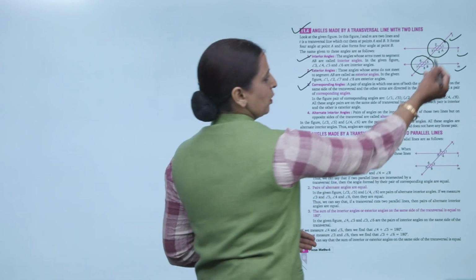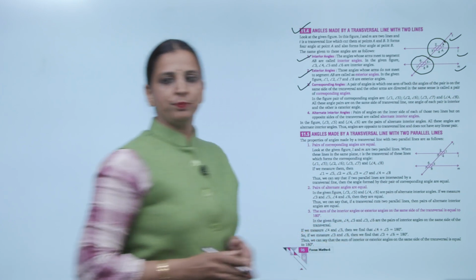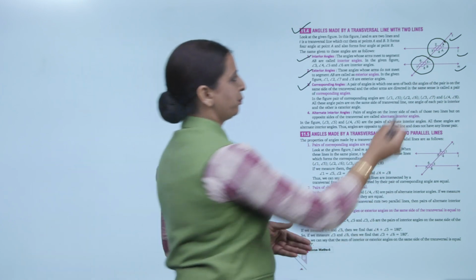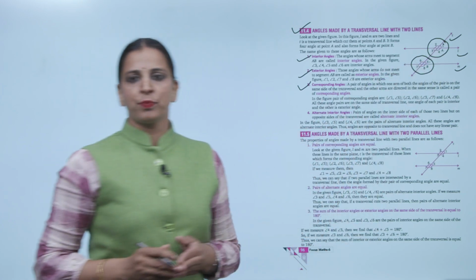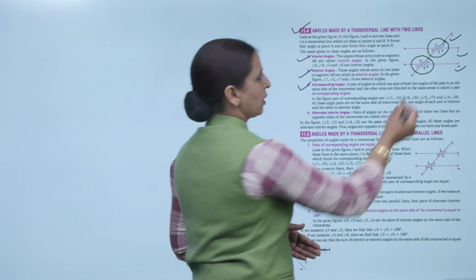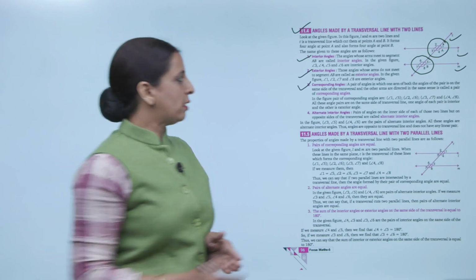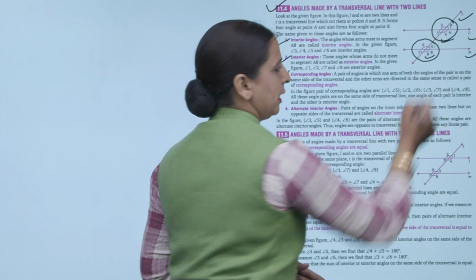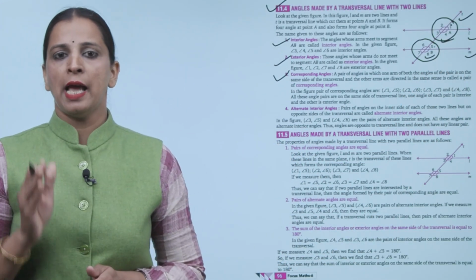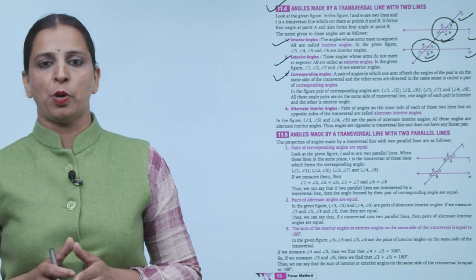In the figure, pairs of corresponding angles are 1 and 5, 2 and 6, 3 and 7, and 4 and 8. These are the pairs of corresponding angles.